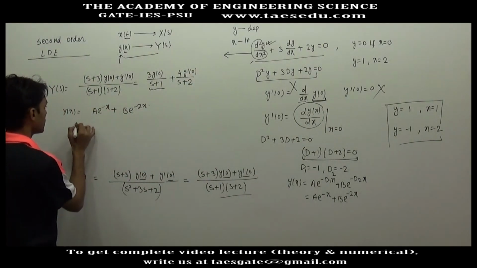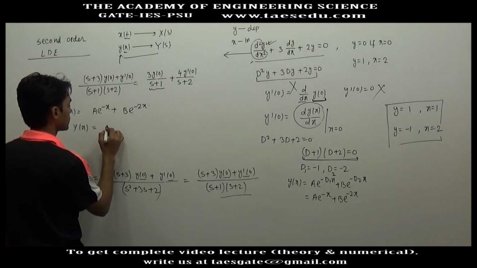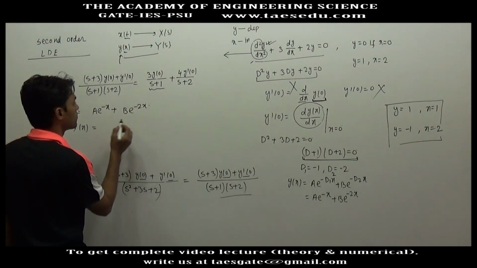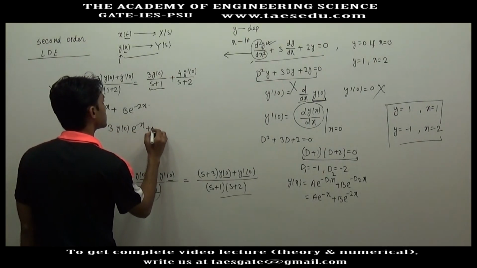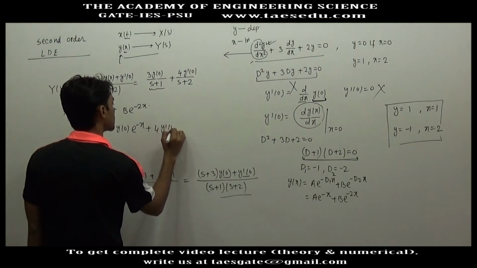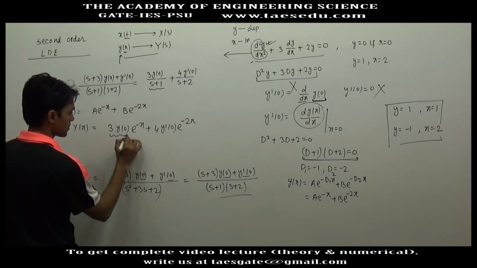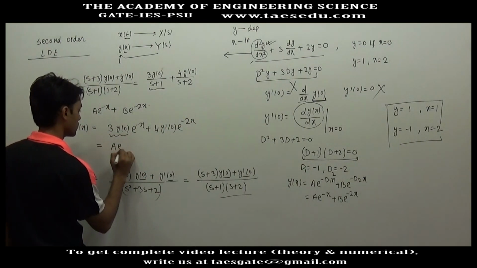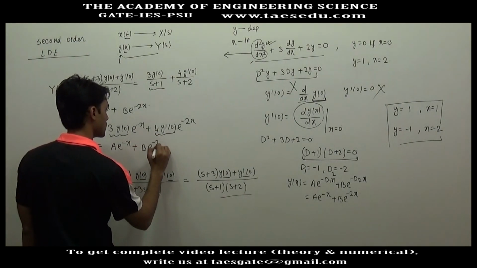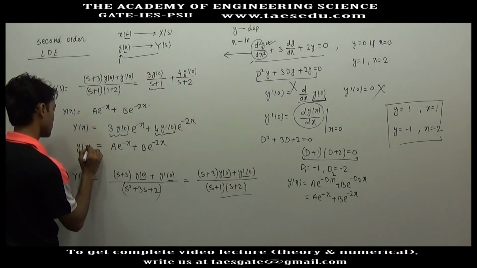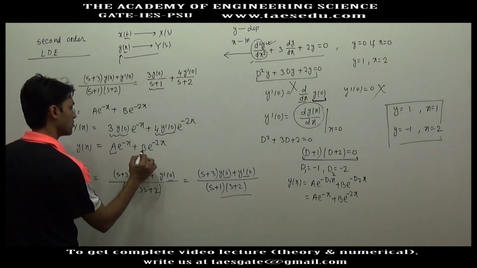So the final solution may come like 3 y0 into e to power minus x plus 4 y dash 0 into e to power minus 2x. Now this is a constant, this can be written as a e to power minus x plus, this is a constant, b into e to power minus 2x. This is yx. Now you have two conditions, and using those two conditions you can find a and b.